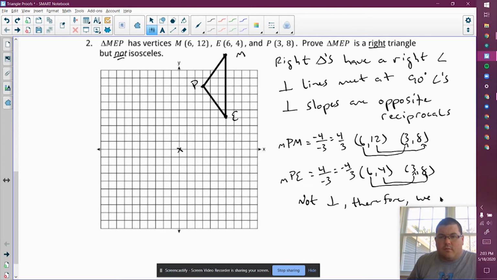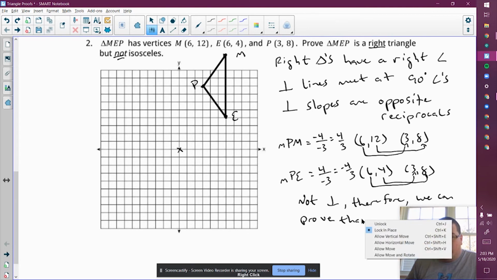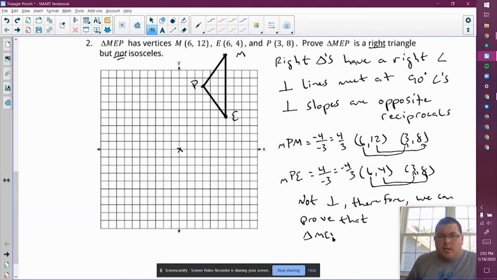Therefore, we can prove, right, because there's no right angle here, we can prove that triangle MEP is not a right triangle.